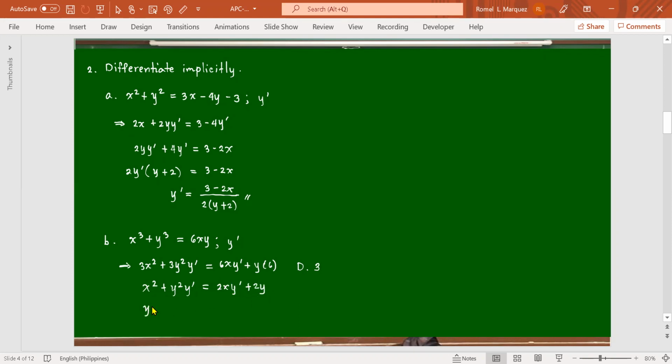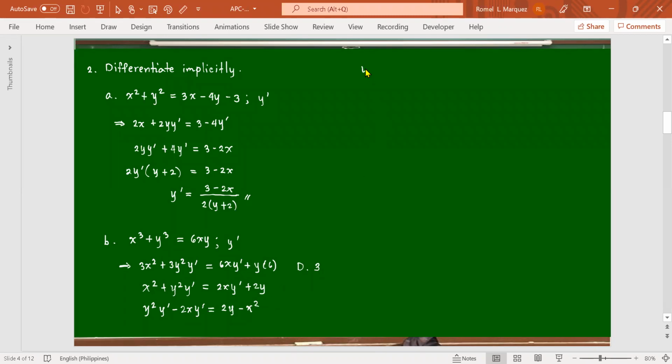Guys, correct? So y squared y prime, this is negative 2x y prime. We have to express everything with y prime on the left side, without y prime on the right side. So adding negative x squared on each side to get 0 for x squared. So getting 2y minus x squared.